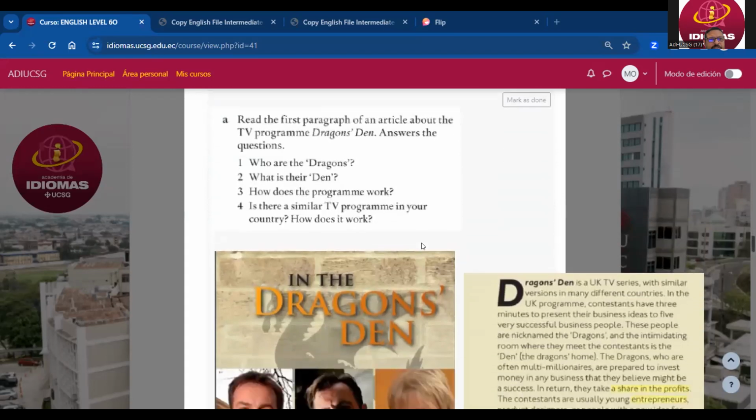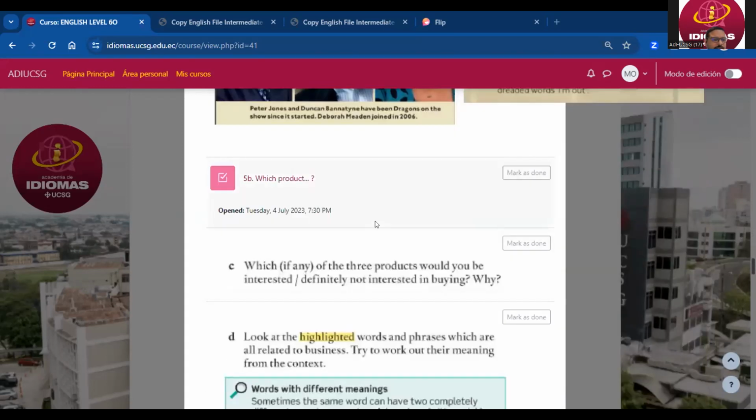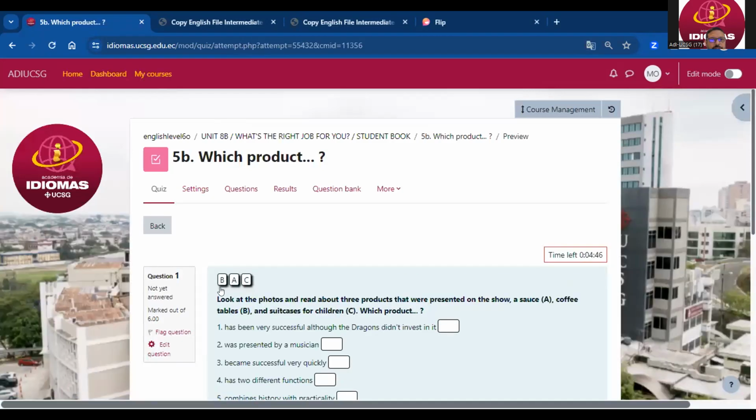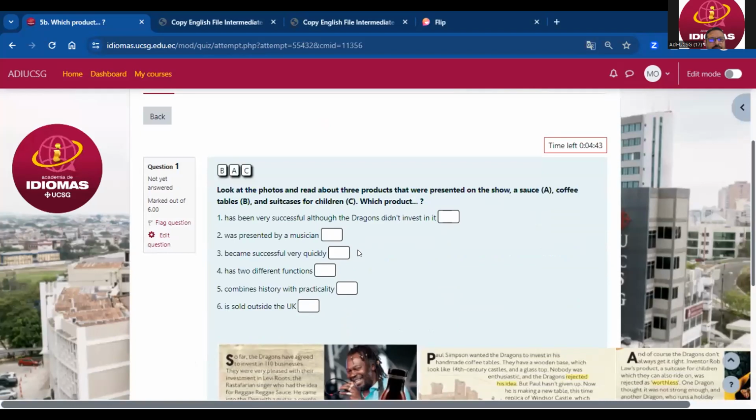With that information, let's take a look at activity 5B. Yep. Which product? So as usual, let me open my attempt. Let me take a look. And here we have it.